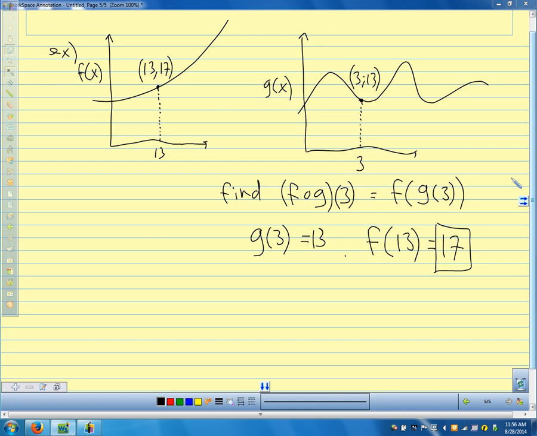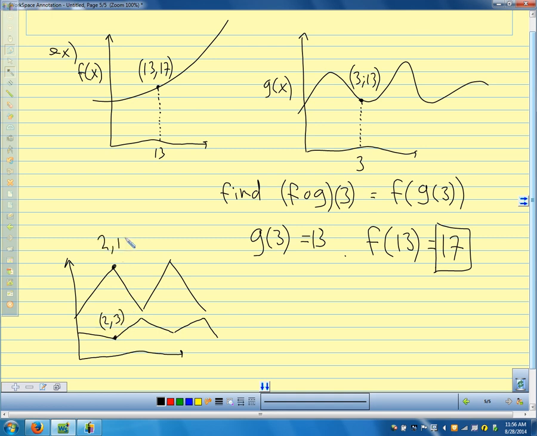All right, let's look at one other example with a graph. Problems like this show up on your homework, and I'm just making up something like this. And these are supposed to line up. So let's say this is 2, 3, and this point is 2, 10.